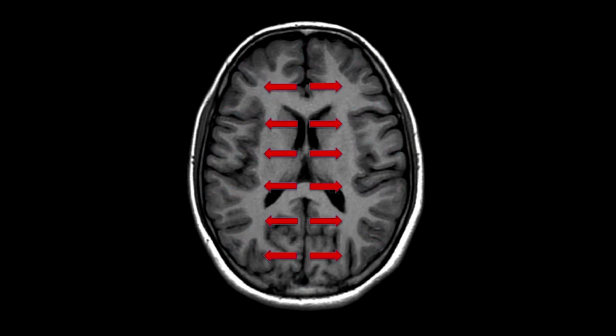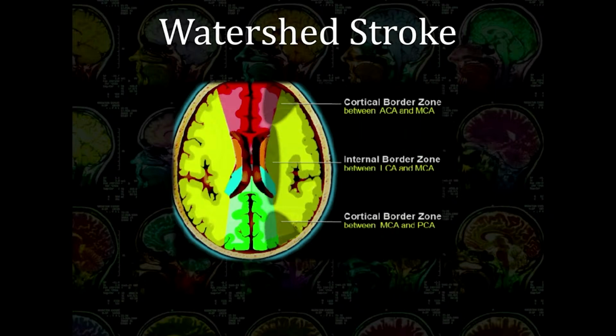They move from the middle hemispheres to the outer hemispheres. Those arteries that are supplying blood from outer to inner are specifically the anterior cerebral, middle cerebral, and posterior cerebral arteries.